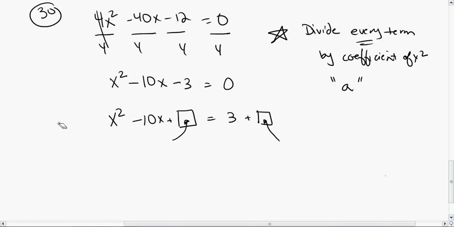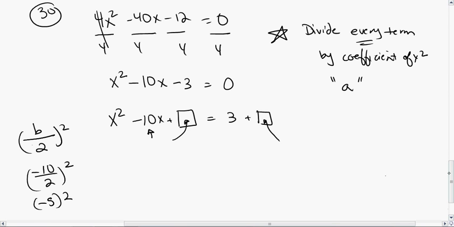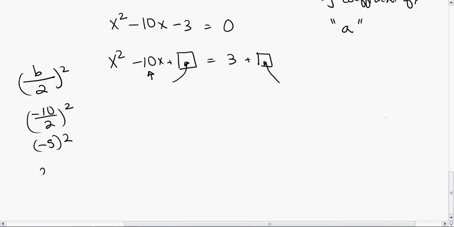So I am going to find what that number is by taking my b value, negative 10, dividing it by 2, and squaring it. Negative 10 divided by 2 squared. Negative 10 divided by 2 is negative 5. Square that, and I end up with 25. All right, 25 is going into the box.